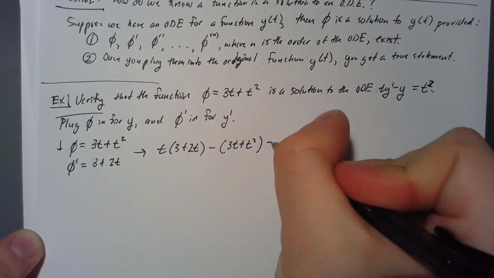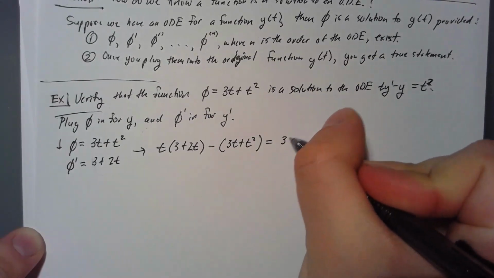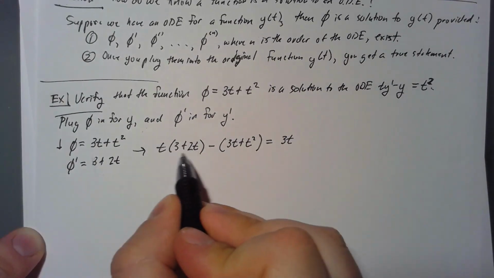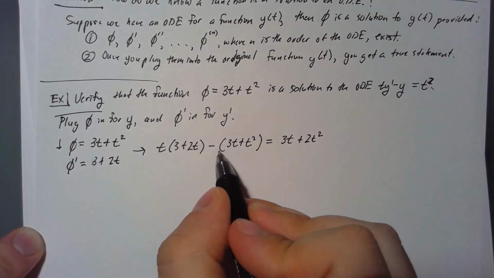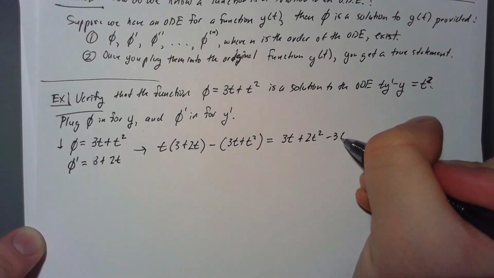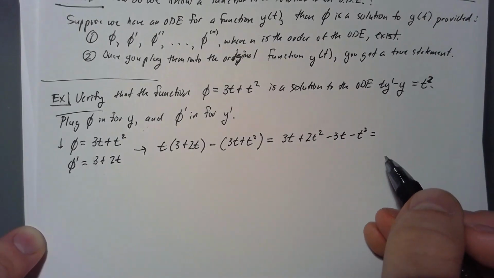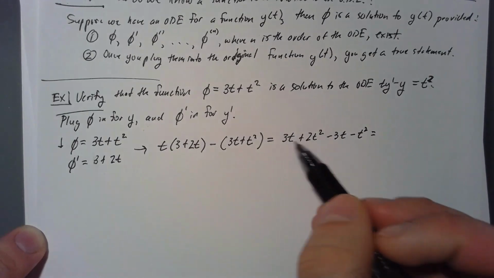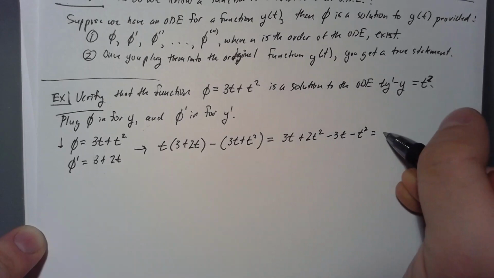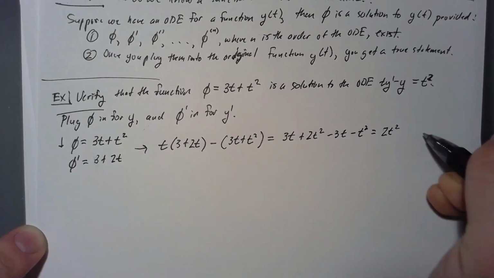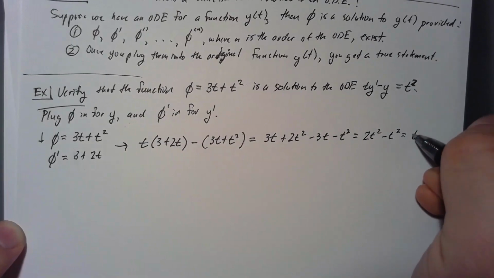So go through that. Distribute the t. You're going to get 3t plus 2t squared. Distribute the negatives. You're going to get minus 3t minus t squared. So when I go through that, well, the 3t and the negative 3t cancel out. So I get 2t squared minus t squared, which is what? T squared.